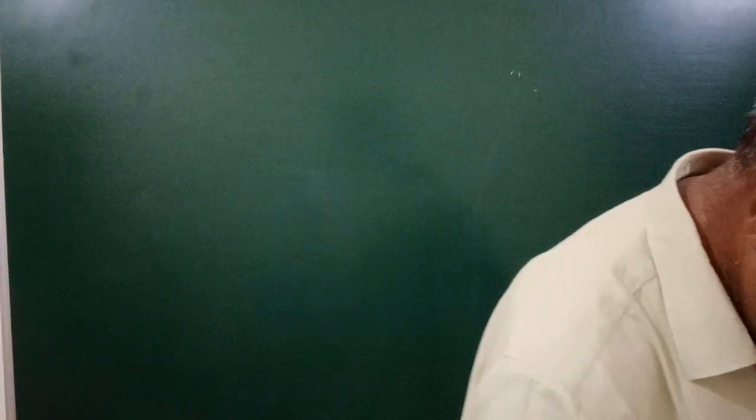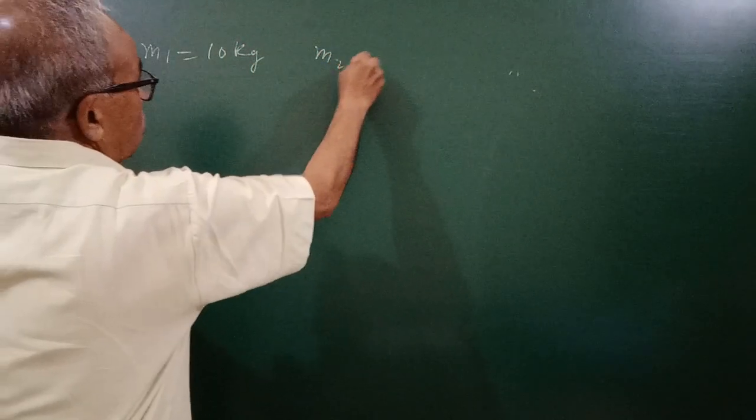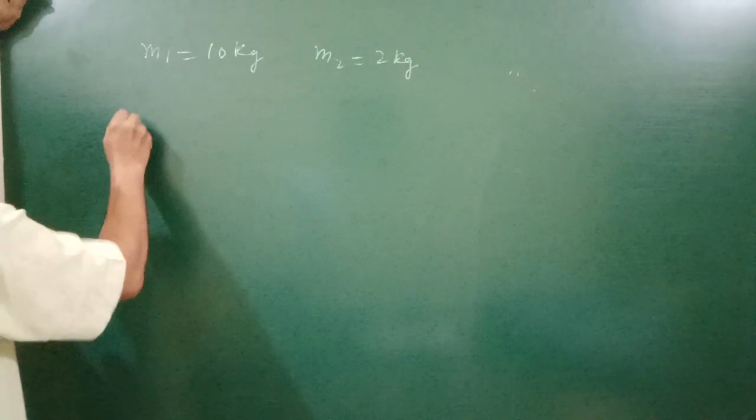Now there is another question. Two masses of 10 kg and 2 kg. Mass M1 equal to 10 kg and M2 equal to 2 kg have velocity vectors.